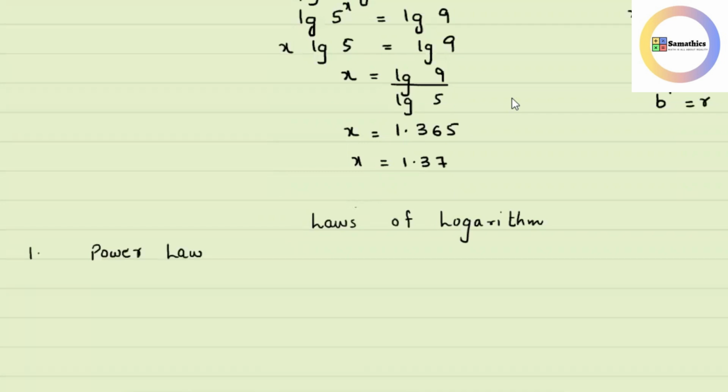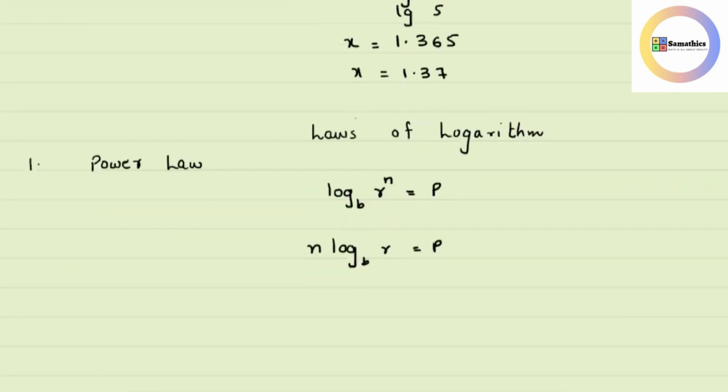In the power law, if we have log to the base b of r to the power p, if we have any power over here, then that power can be written before the log, right? This power can be written before the log. So this is called the power law.